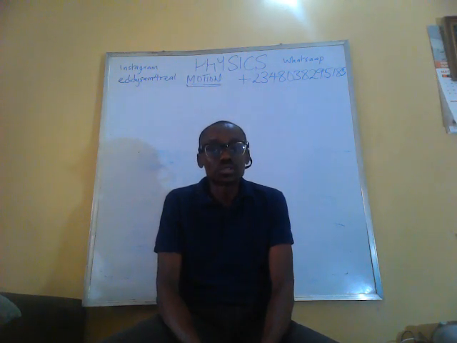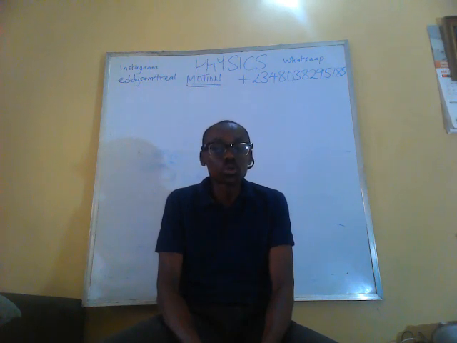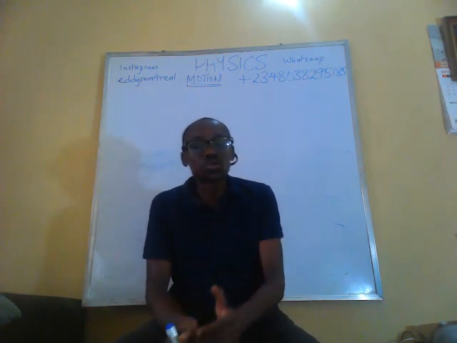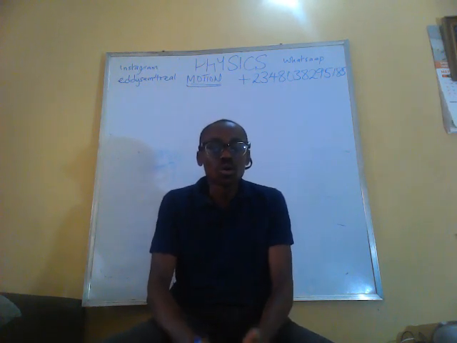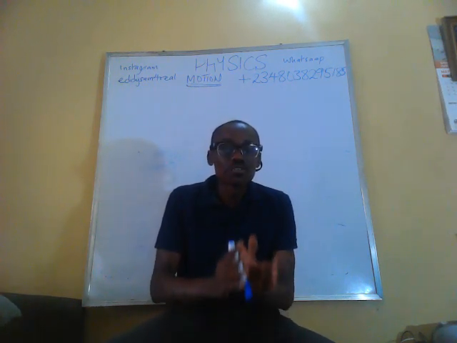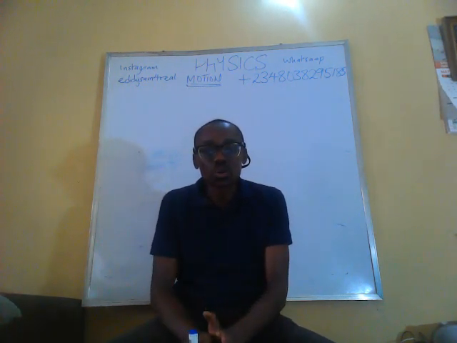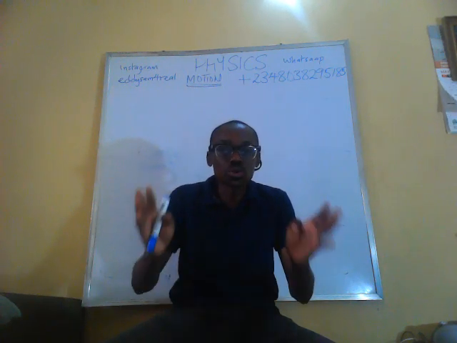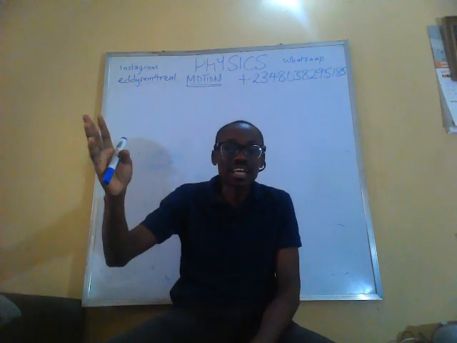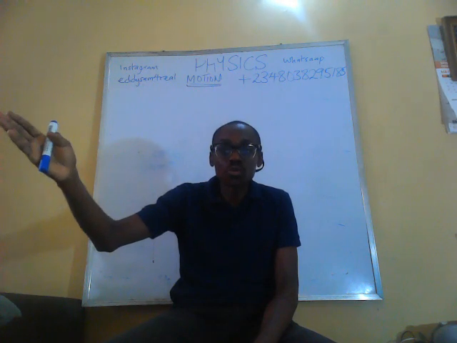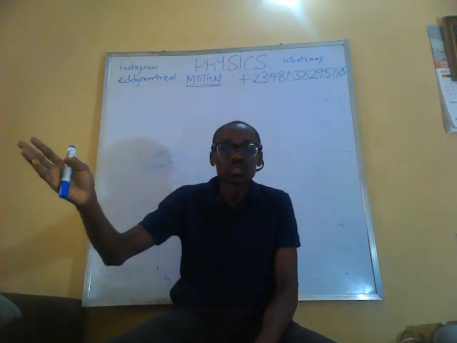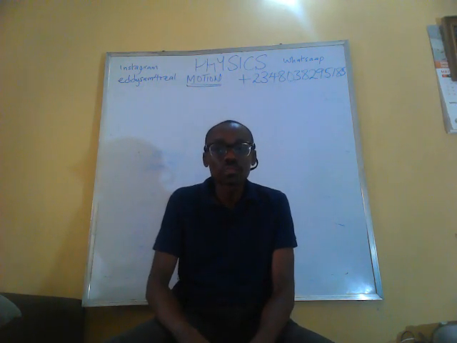In this lesson we'll be looking at equations of motion, how to use the equations of motion to solve problems of motion. We'll go progressively from the simple ones to the complex ones. In this one we'll use the equations, then in our next lesson we'll use the graphs to solve the problems as well.